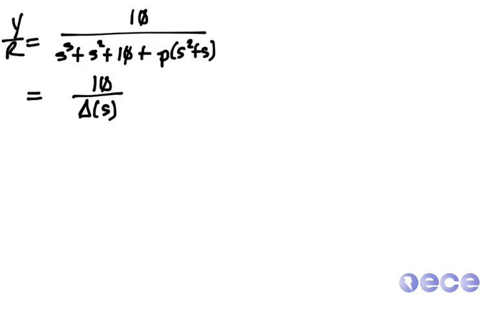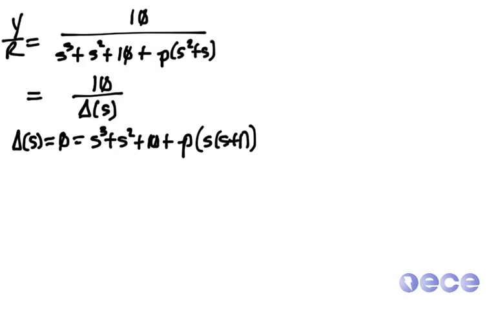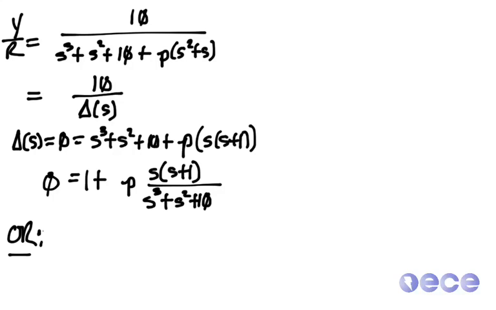Now we're going to try to map delta of s to something that looks like our root locus equation. If we divide through everything by s cubed plus s squared plus 10, we end up with our characteristic equation delta of s equals 0, which is 1 plus p times s plus 1 over s cubed plus s squared plus 10.